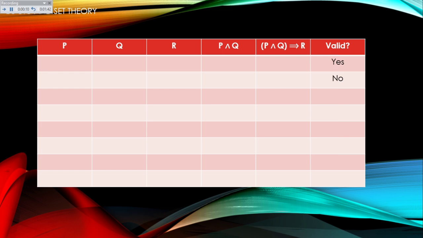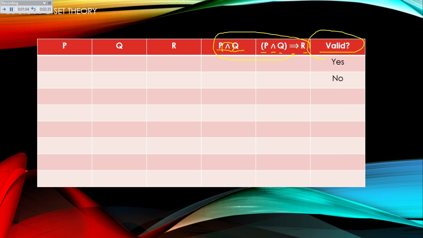We have P, Q, R, and P and Q. This is the conjunction of premises, P and Q. Then on this side, P and Q implies R is the implication of the conjunction of premises. So we get it valid.